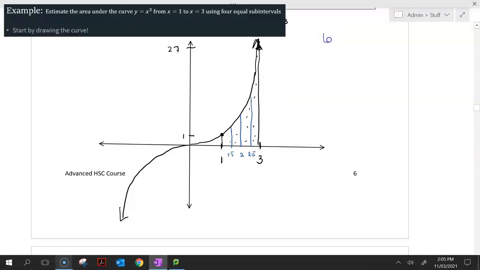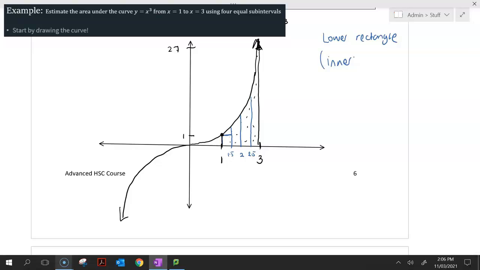So first, with lower rectangles, in this case, I'm going under the curve for a lower rectangle. And this is called, what did I say, an inner rectangle in this case, because I'm starting at the inner value, the first value. So lower is not always going to mean inner.